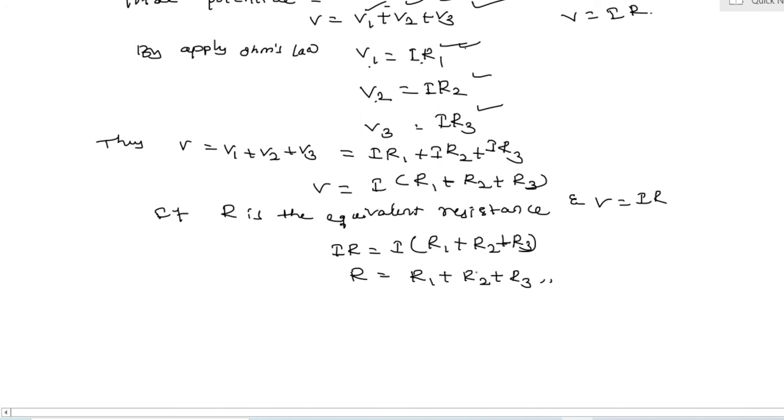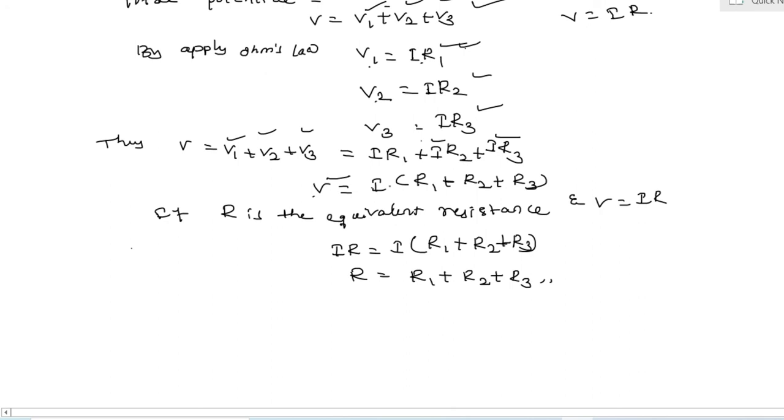Therefore, V is equal to V1 plus V2 plus V3, which is current into R1, current into R2, current into R3. Therefore, potential difference V is equal to I in bracket R1 plus R2 plus R3.